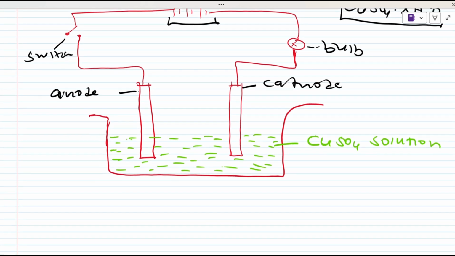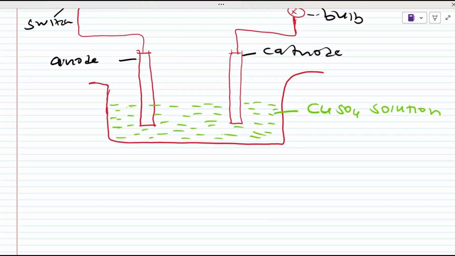Now, the next analysis that you need to know are the ions present. And the ions present, because we are dealing with a solution, so I also have water.